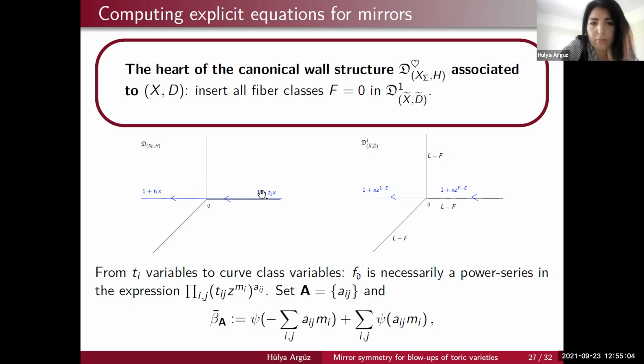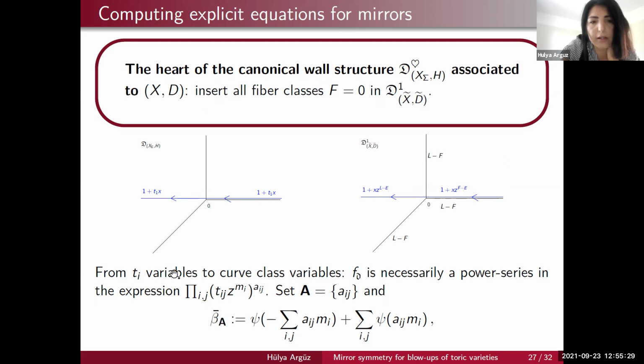And the way it goes is if you have an initial wall, which is a wall corresponding to exceptional things you blow up, if you equate all fiber classes to be 0, your initial walls, Ti's, will just turn to z to the minus E's. But to describe what happens to the outgoing walls, you need to do some analysis.